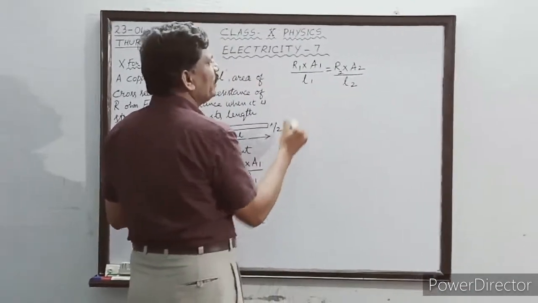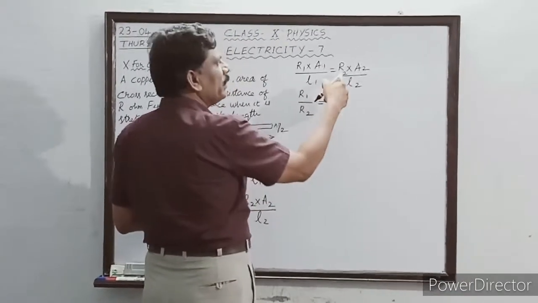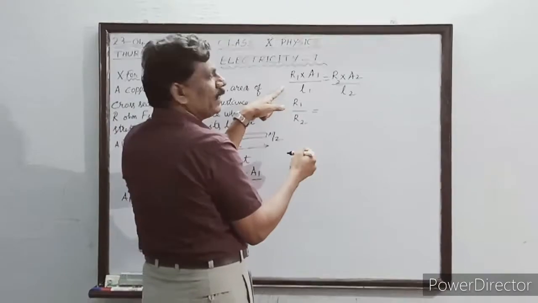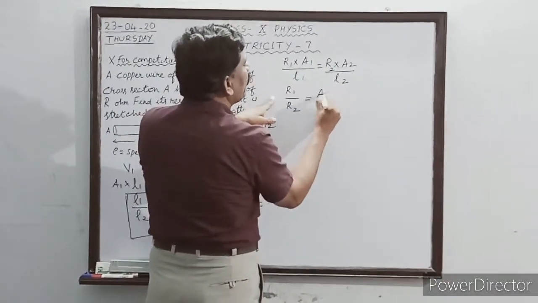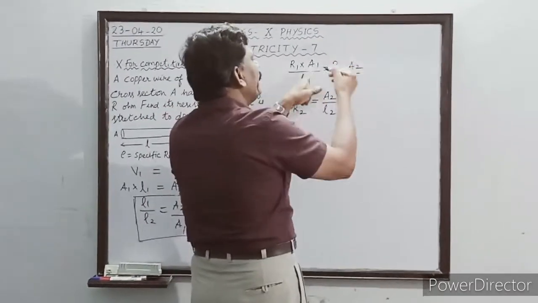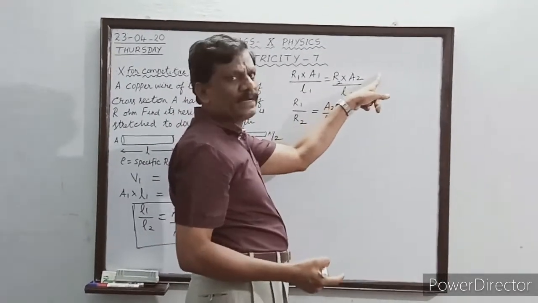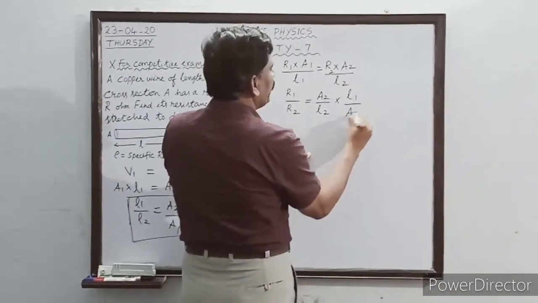So I will take the ratio now, R1 by R2. Bring this R2 to the denominator on the left hand side. So this is equal to, remaining term is A2 by L2 multiplied by L1 by A1. This L1 will go to the numerator on the right side, so this will become L1 divided by A1.